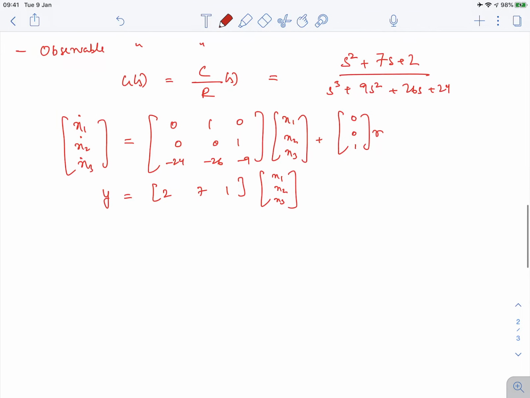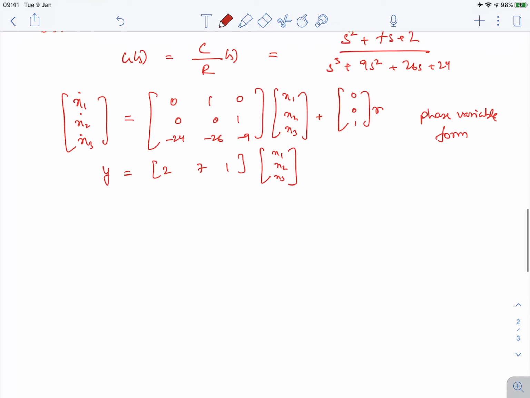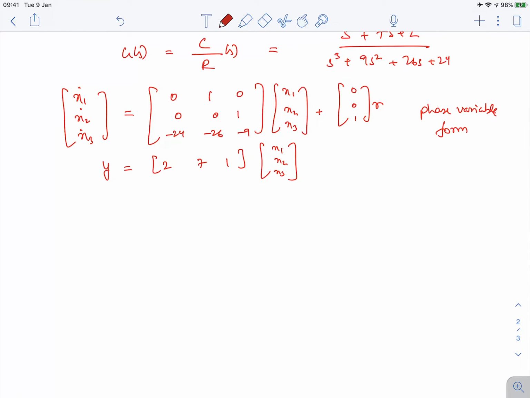Okay, so this we have obtained yesterday and we call it the phase variable form. So the controller canonical form is equivalent to the phase variable form. The only difference is the order of the state vector is reversed.